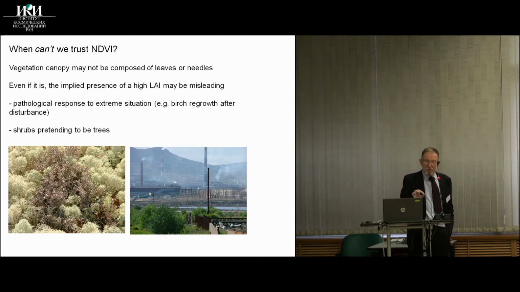Vegetation canopies may not be composed of leaves or needles, so the fundamental assumption about the relationship between NDVI and amount of vegetation may not always be true. Even if it is, the implied presence of a high leaf area index may be misleading.